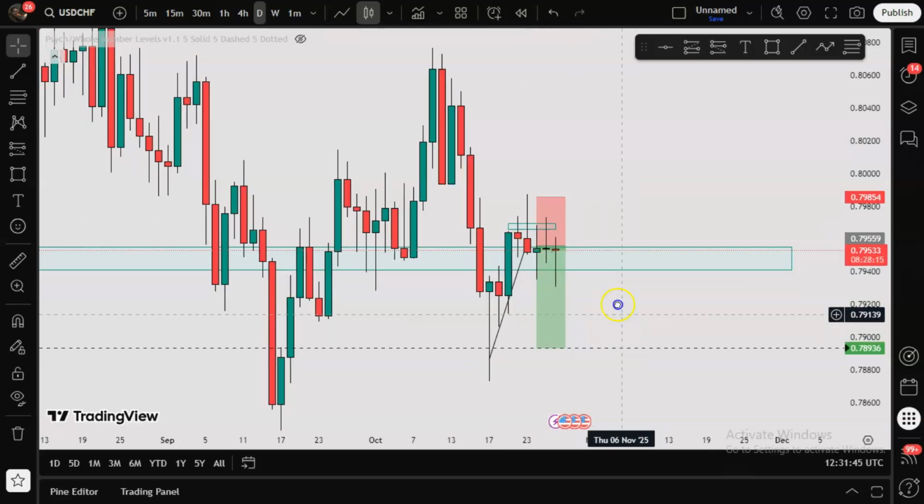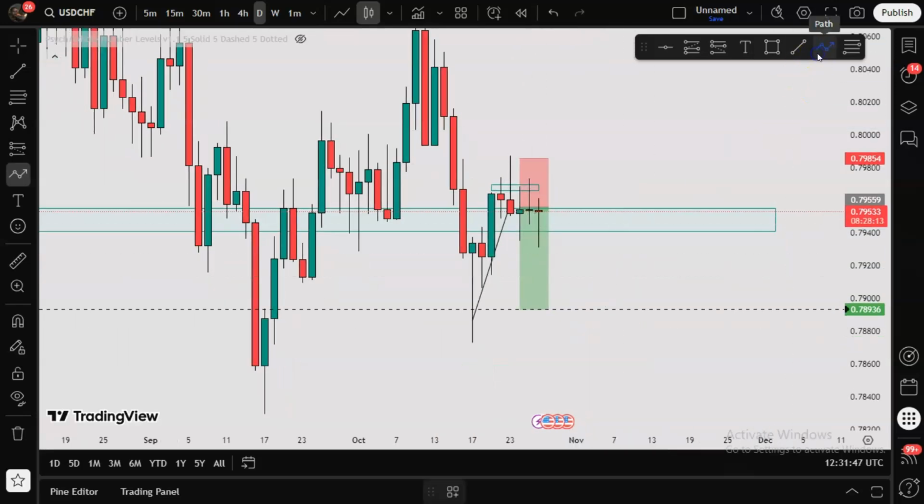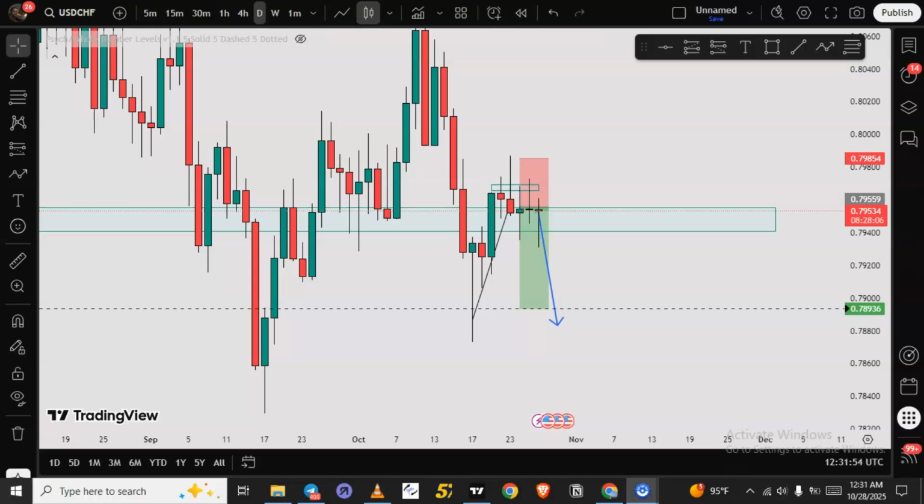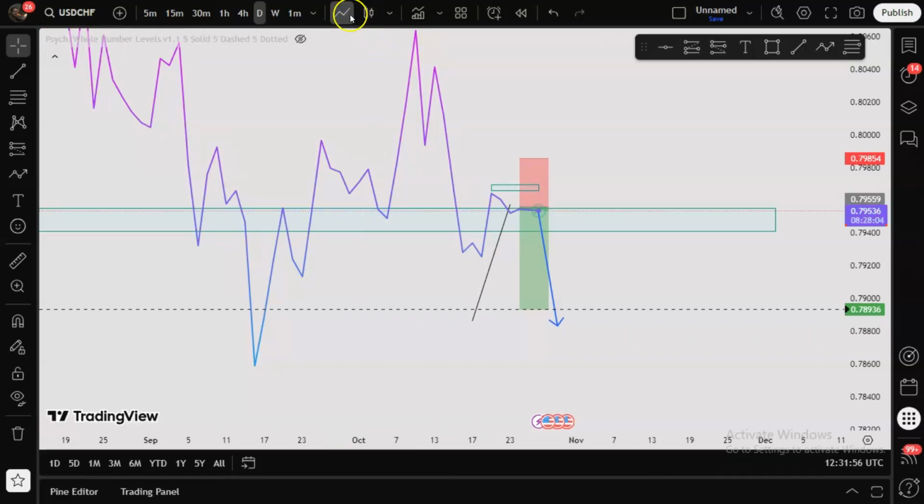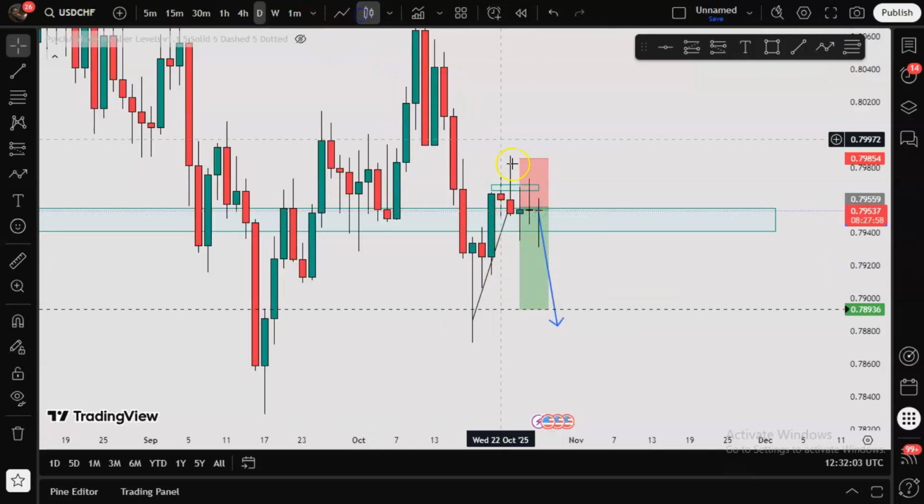So what I'm doing is just anticipating for price to create another low here, just following the market structure, something like this, right? Price to create a low over here.